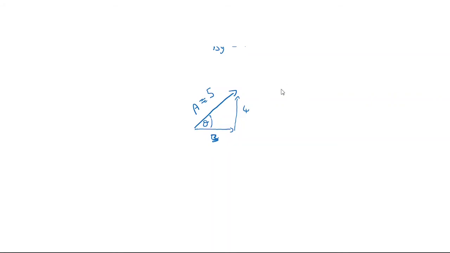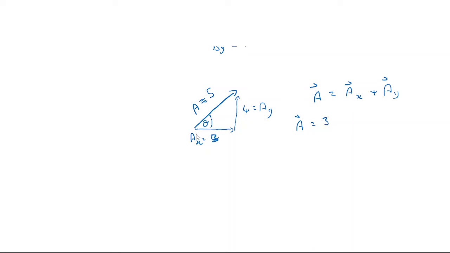If I want to represent this vector, A is going to be a sum of vector Ax plus vector Ay, because this is Ax and this one is Ay. I've just given you the magnitudes. So how can I write this? Well, A is going to be the magnitude of Ax, which in this case is 3.